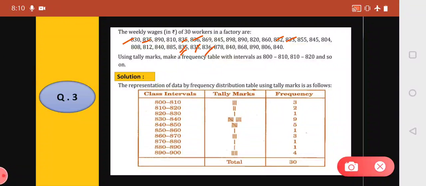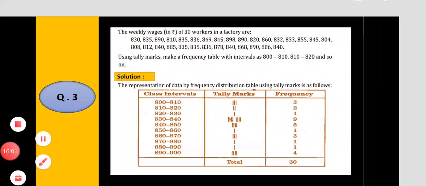So there are 9 frequencies which come in the 830 to 840 class interval. Again you will show the tally mark by making first one group of 5 and then 4 vertical lines. So the frequency is 9.